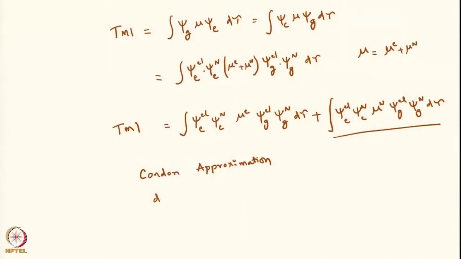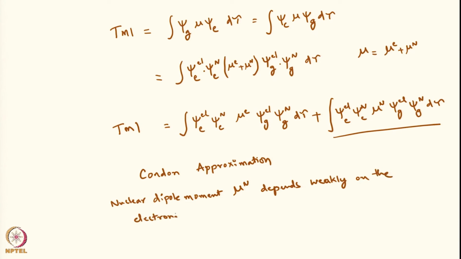However, what we figure out is that the nuclear dipole moment mu n depends weakly on the electronic coordinates.